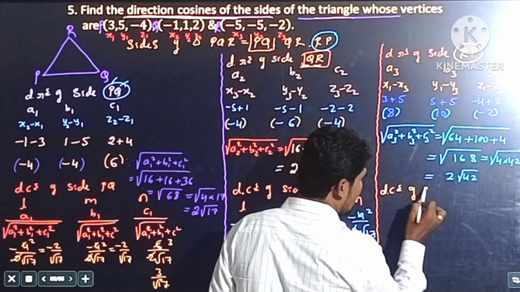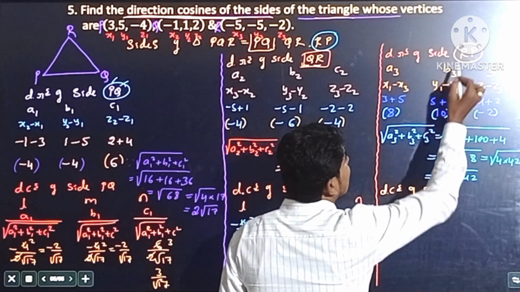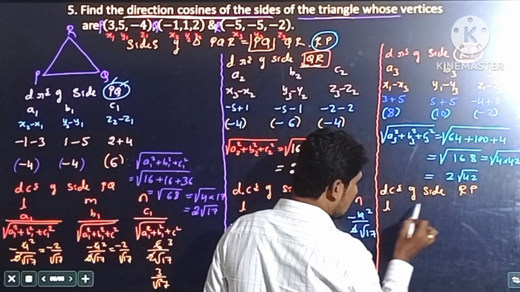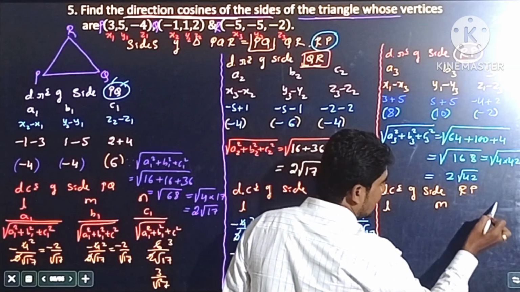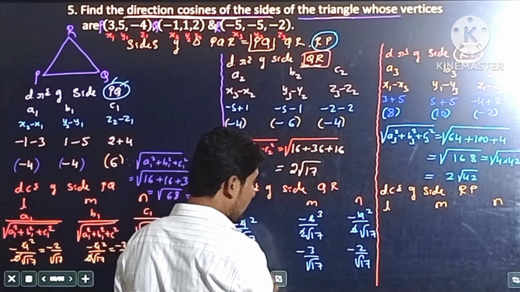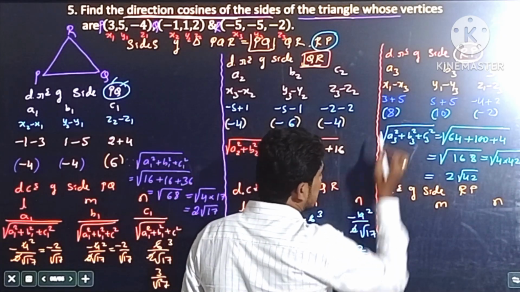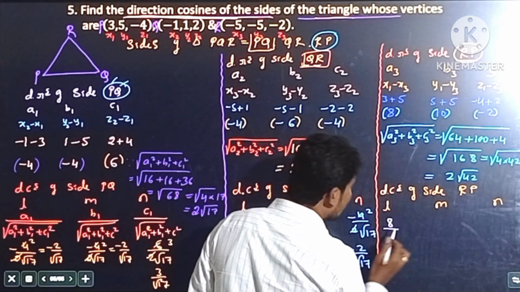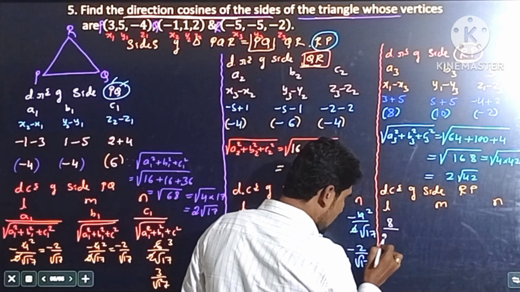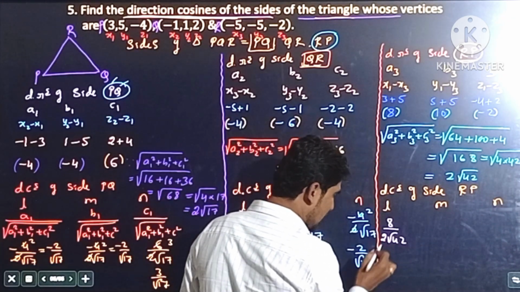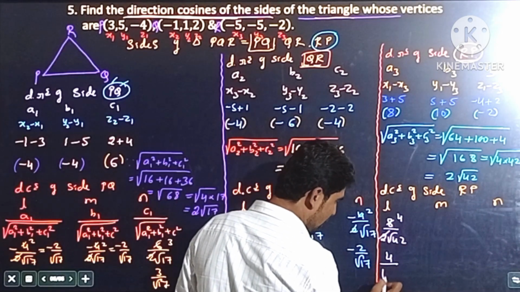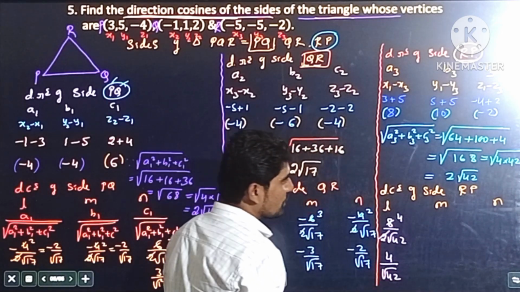Finally, the direction cosines of the third side RP are L, M and N. The value of L is equal to a3, which is 8, divided by square root of a3 square plus b3 square plus c3 square, that is 2 root 42. Here I can cancel 2 ones are 2, 2 fours are 8. So the value of L is 4 divided by root 42.